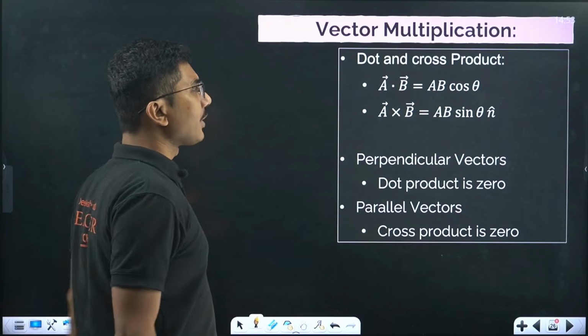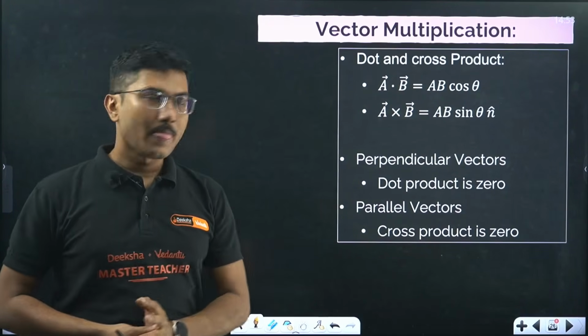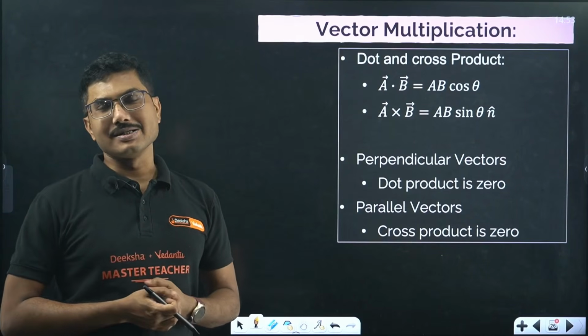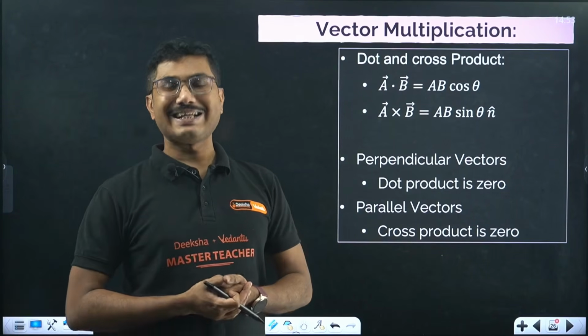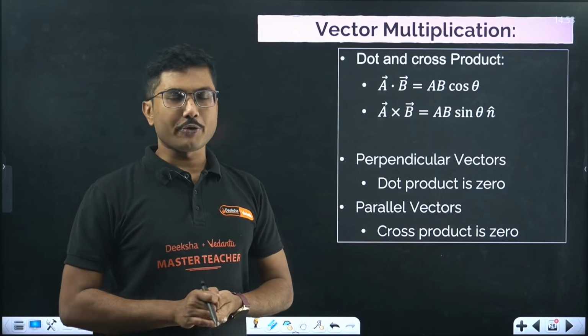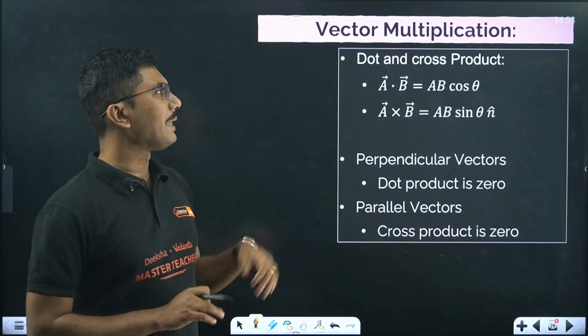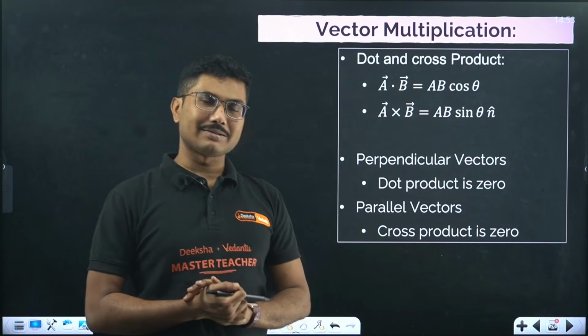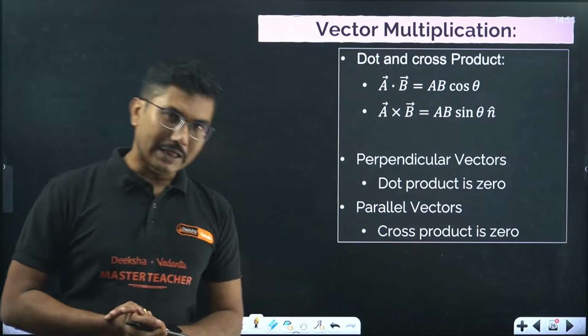So what is the dot product? When two vectors are given and you are multiplying them, the final result turns out to be a scalar. That is called a dot product or scalar product. Based on different situations, while multiplying two vectors, we can get a scalar quantity, and we can get a vector quantity as well.